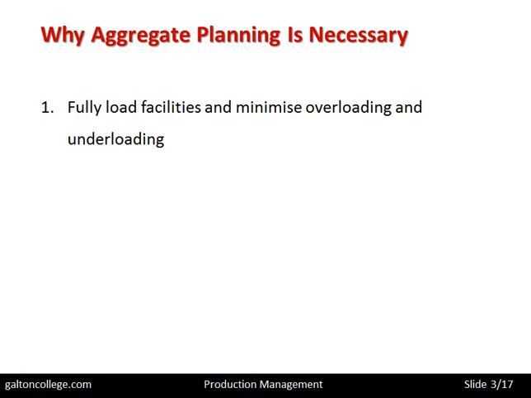Underloading is not using the facilities as much as they could, and overloading, I should say, is using them too much, trying to squeeze too much out of it, leading to breakdowns, leading to frustration, leading to bottlenecks in production. Underloading is when we underutilize the resources. So it's trying to get a balance between those two competing forces.